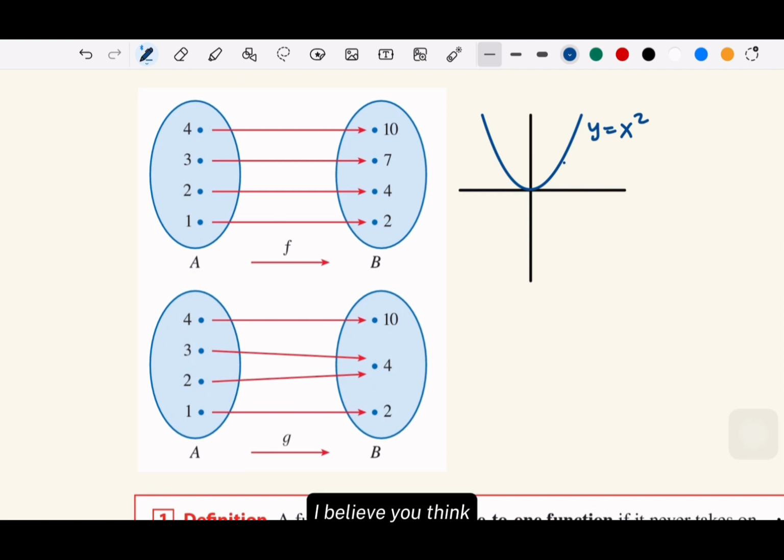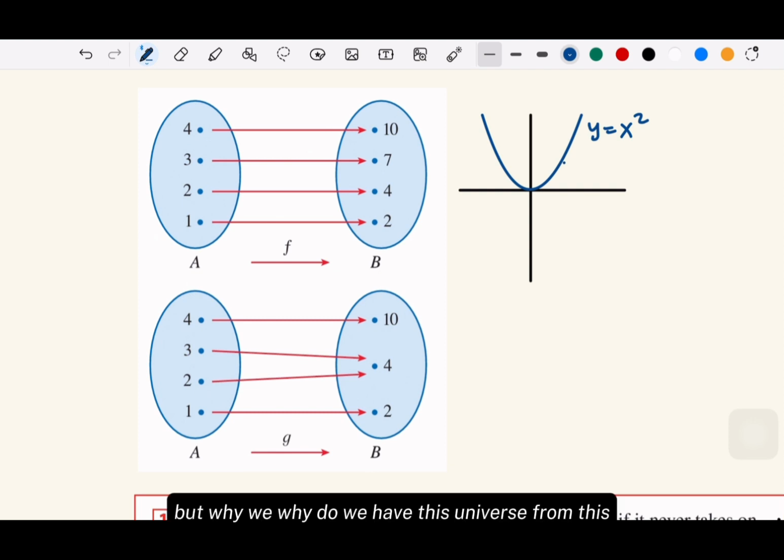I believe in my high school I solved some problem. I know it has an inverse, right? The inverse is square root of x. Agree? Agree or not? Agree on square root of x. That is the inverse. But why do we have this inverse from this?